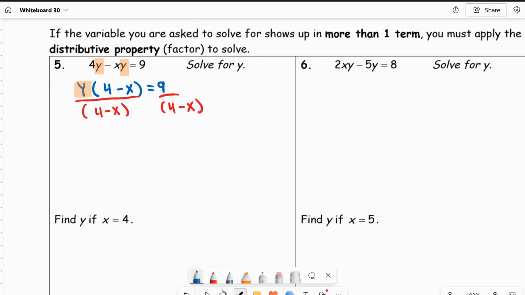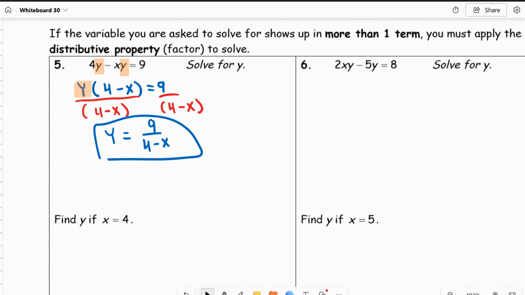Okay. On our left side then, our 4 minus x's will cancel, leaving us with just y equals, and then we can just leave this as a fraction, 9 over 4 minus x. And since y is isolated, it's by itself, that is our final answer.